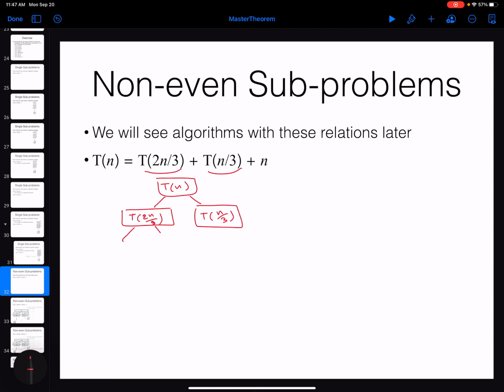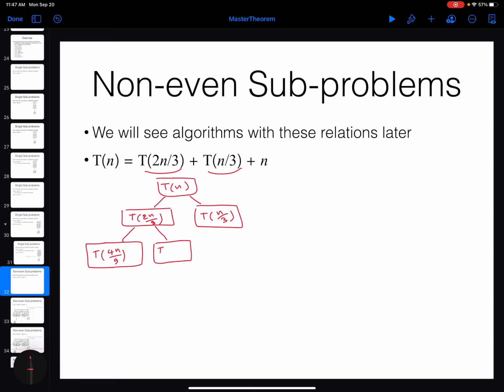Again, this one will be expanded. For T of 2n divided by 3, you need to apply the 2 divided by 3 again. So it's going to be 4n divided by 9, right?